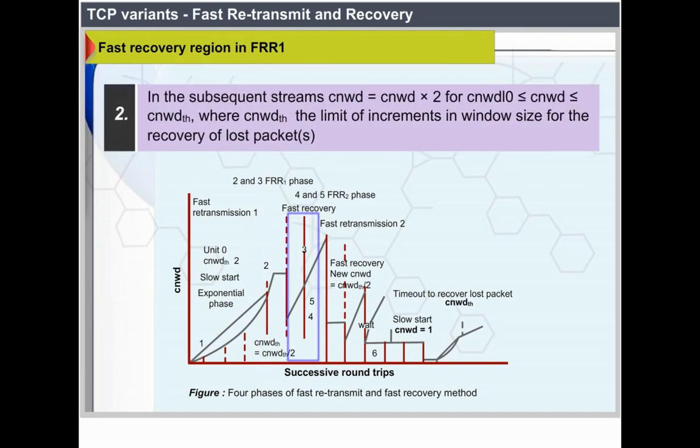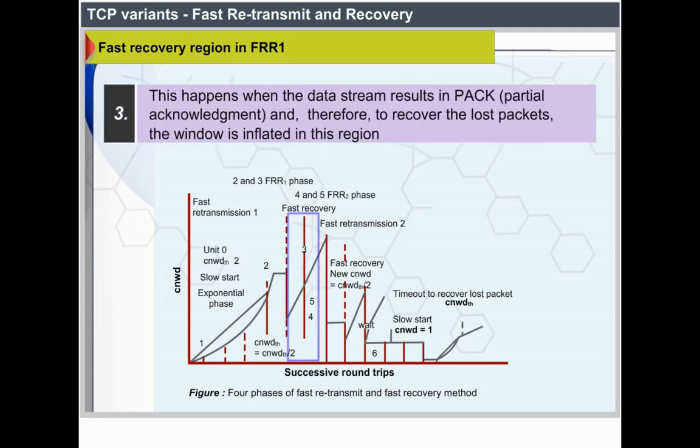Region 3. In the subsequent streams, CNWD is equal to CNWD times 2 for CNWD L0 less than or equal to CNWD less than or equal to CNWDTH, where CNWDTH is the limit of increments in window size for the recovery of lost packets.